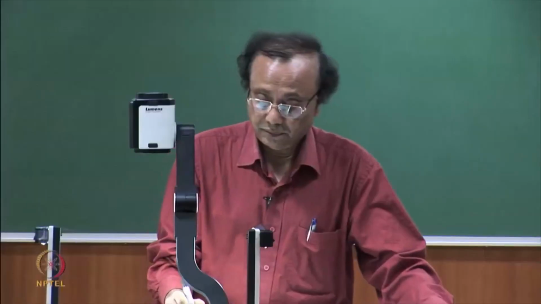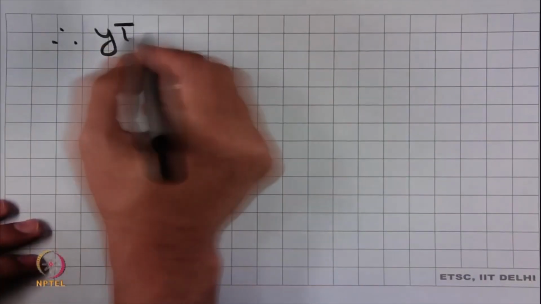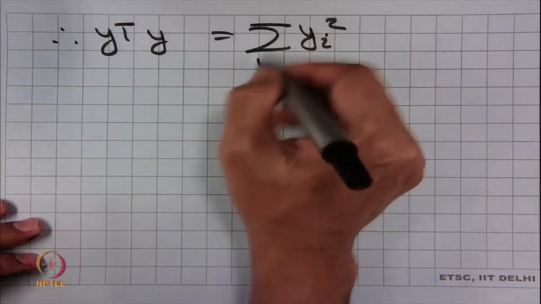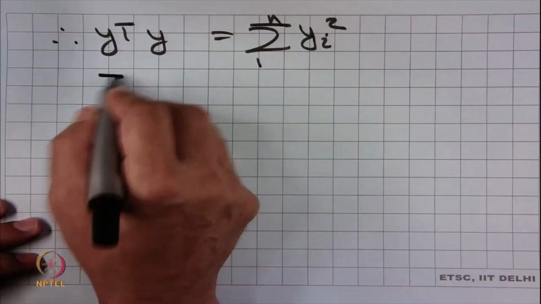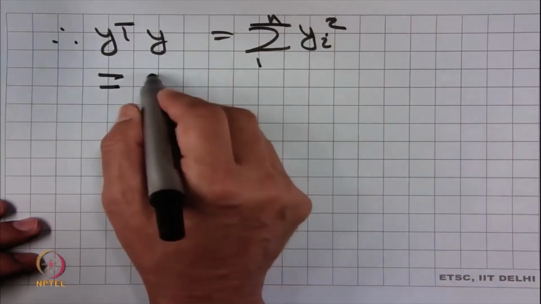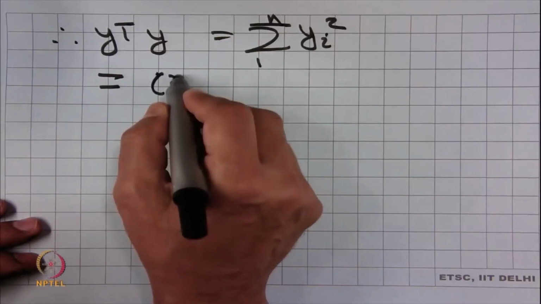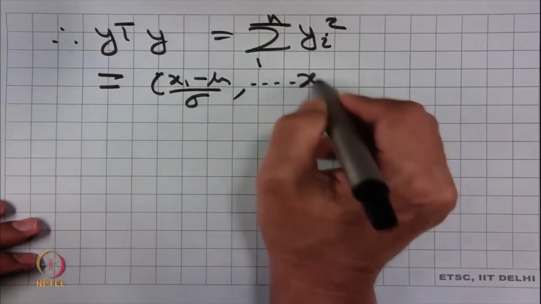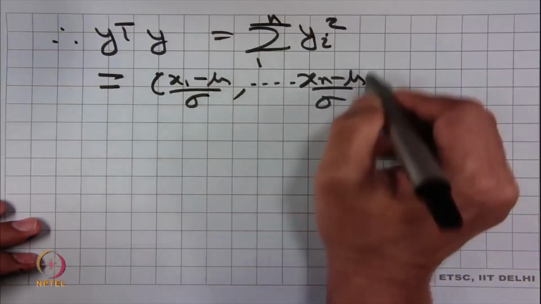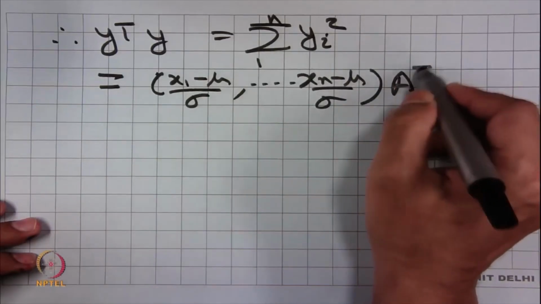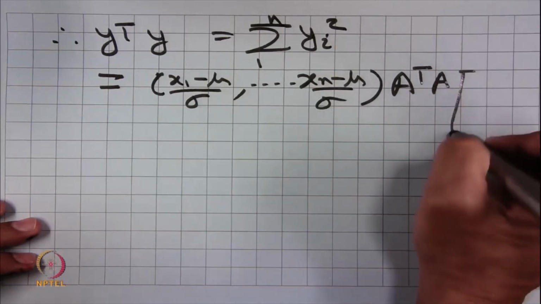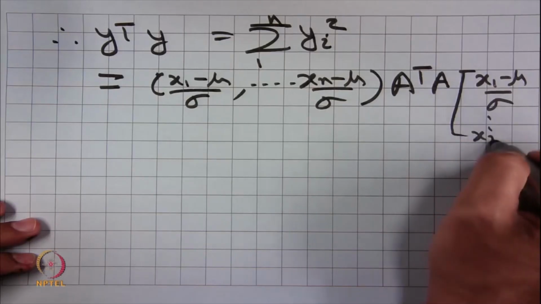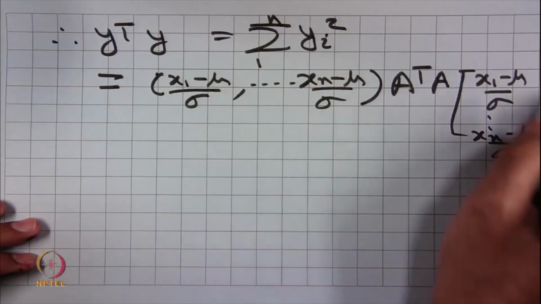Therefore, y transpose y, which is sigma yi square, 1 to n, is equal to ((x1 minus mu) upon sigma, up to (xn minus mu) upon sigma) into A transpose A into ((x1 minus mu) upon sigma up to (xn minus mu) upon sigma).